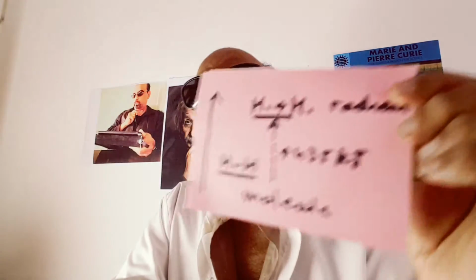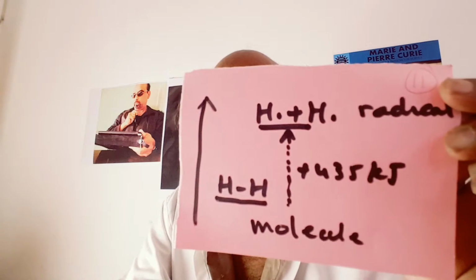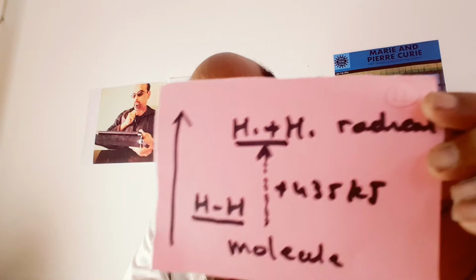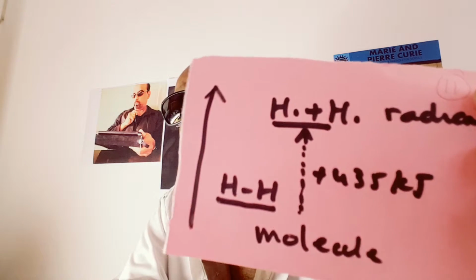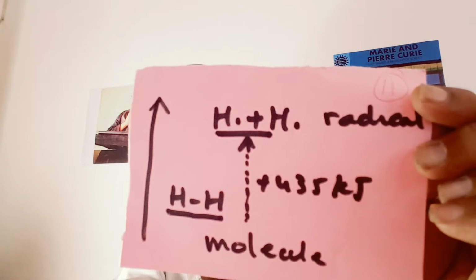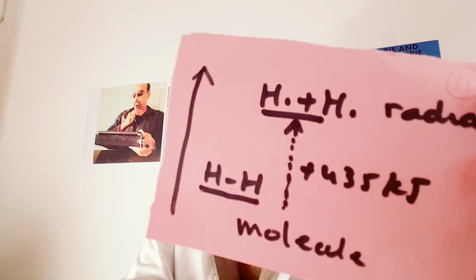The breaking of bond can be shown using an energy level diagram. You see the hydrogen molecule absorbs 435 kilojoules to form hydrogen radicals. Hydrogen radicals have more energy, they are more unstable, and they are more reactive.